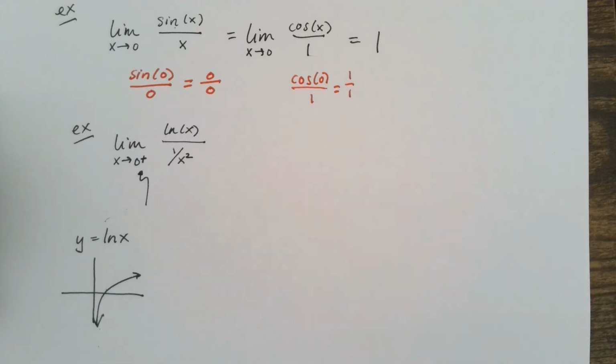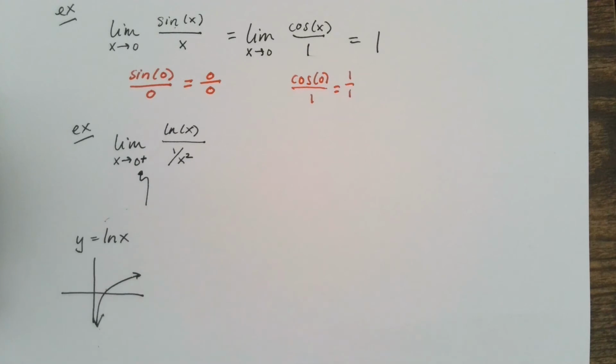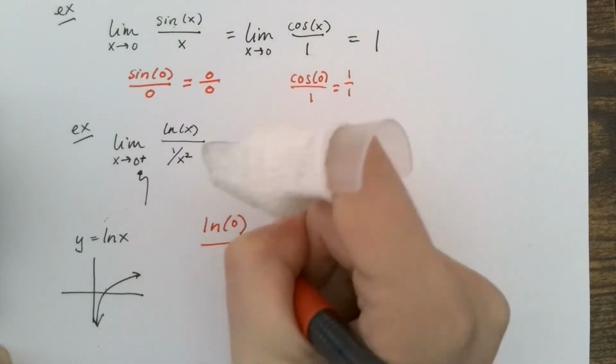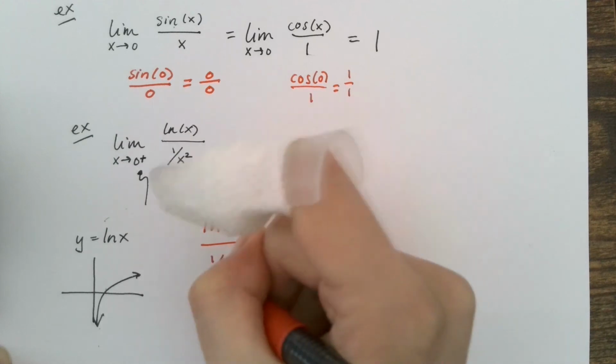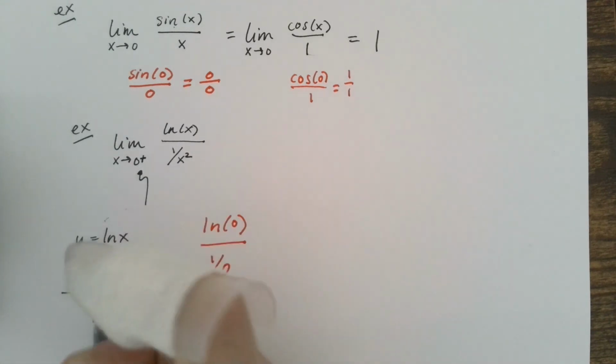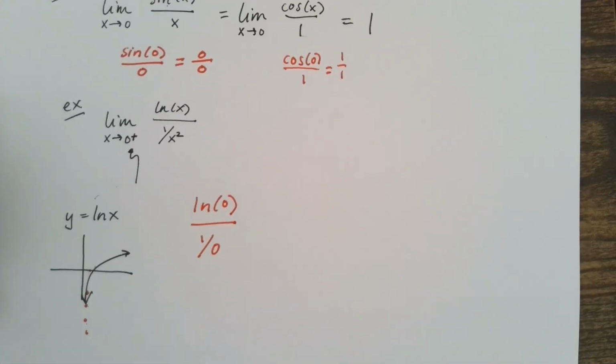Okay, so now we think x is still going to some sort of number, so can I plug that number in? We would have the ln of 0, which doesn't exist, and then 1 over 0, which also doesn't exist, but I'm just thinking about where these things are headed. Now as I plug in numbers really close to 0 on the ln graph, like plugging in x values here and here and here, their y values are plummeting south towards negative infinity.